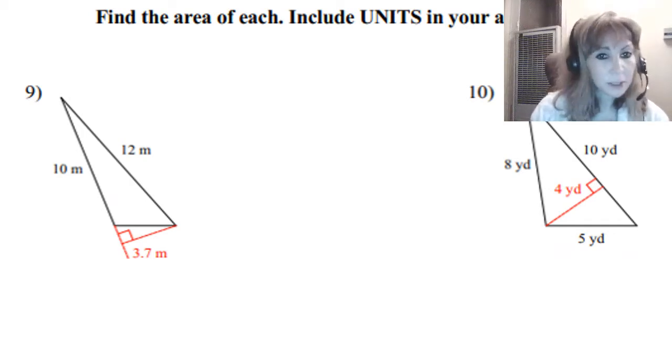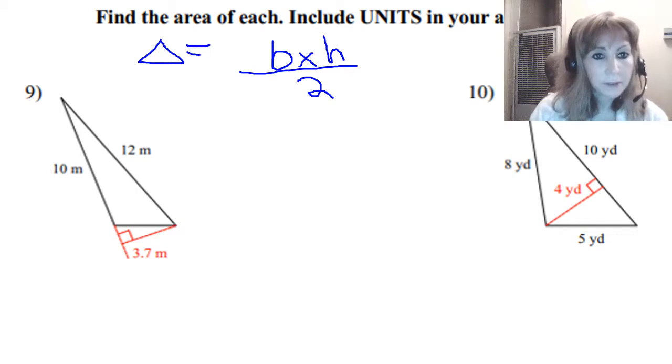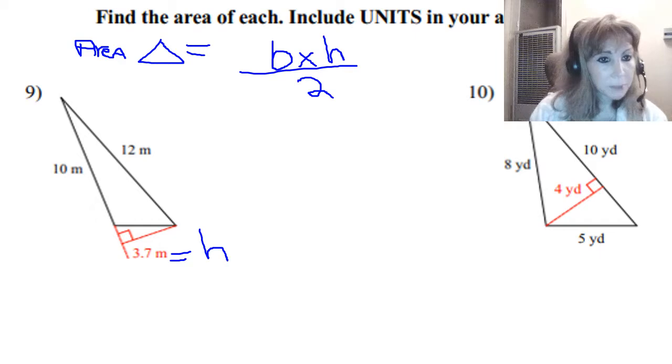Okay, here is a triangle. Remember, for the area of a triangle, we multiplied base times height, and then we divided by 2. Remember, the height is represented by a perpendicular. So that's the height, and then we look for the base.